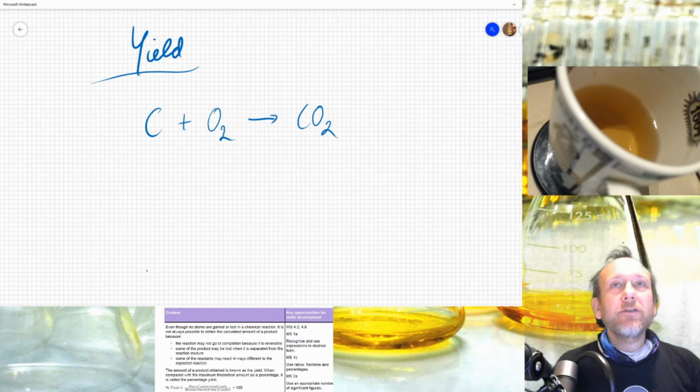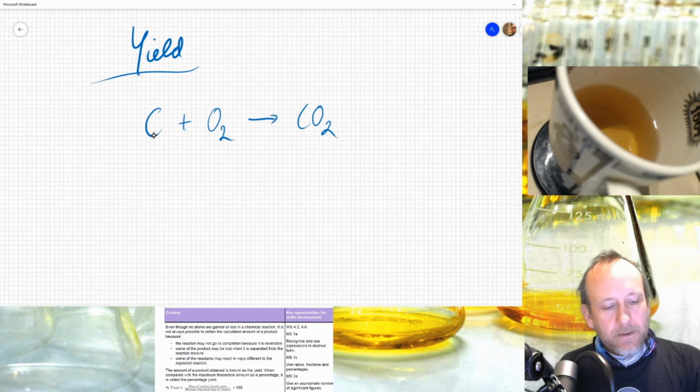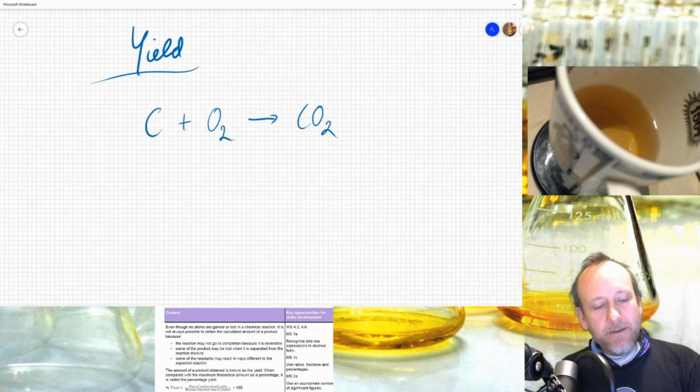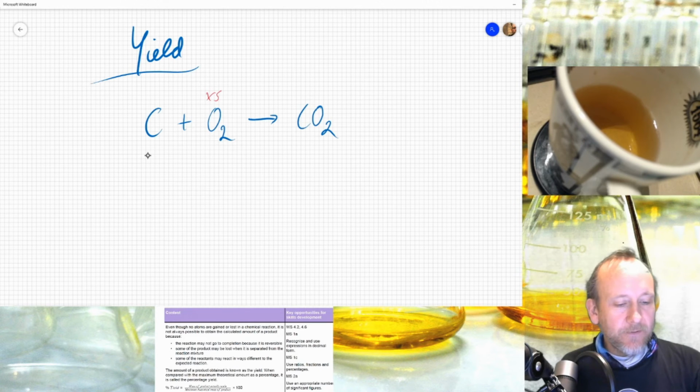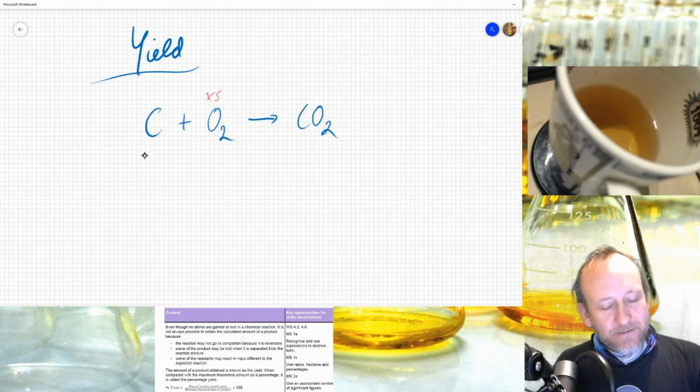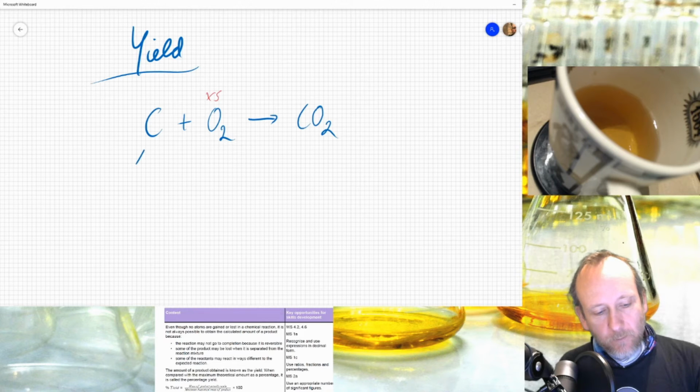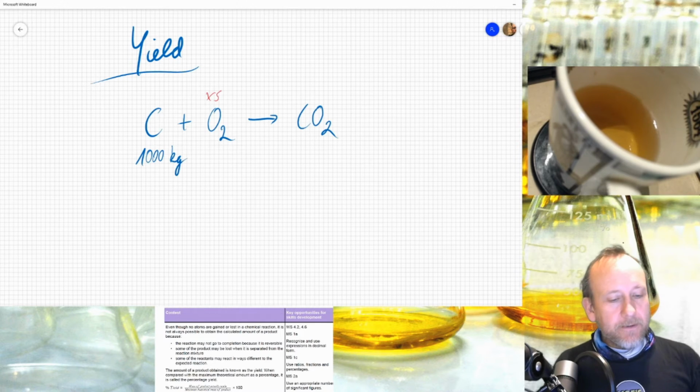So any fuel that contains carbon produces carbon dioxide, and the idea is that carbon in an excess of oxygen reacts completely with oxygen to give you carbon dioxide. So let's say, how much carbon dioxide do you expect to get out of a combustion of 1,000 kilograms of carbon?